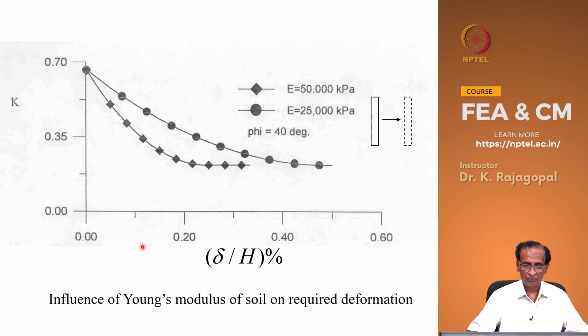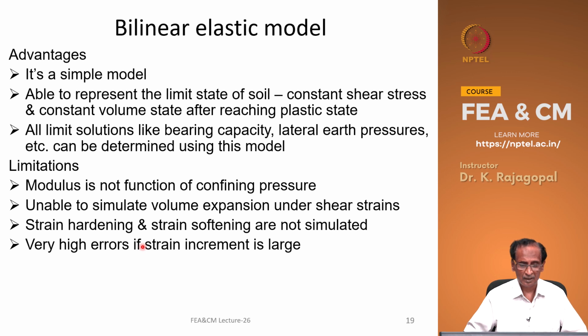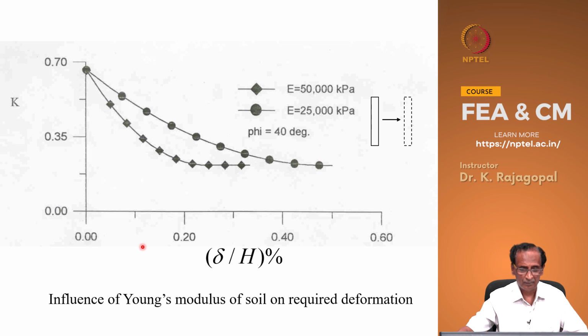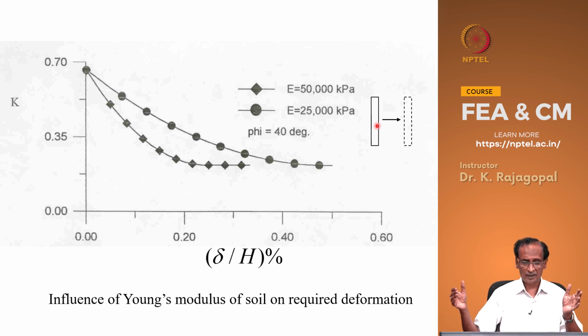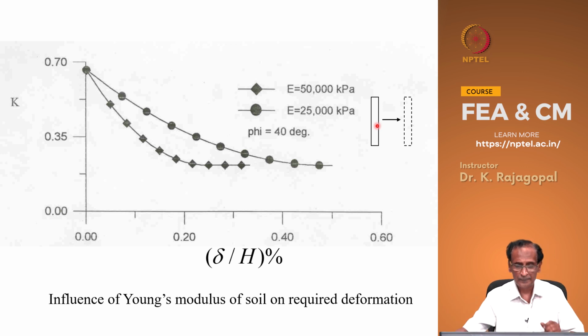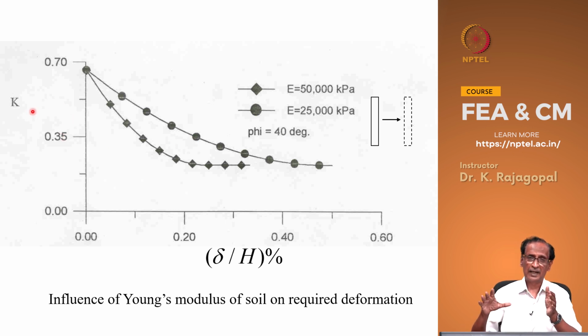Okay. So, let me just illustrate some applications for the bilinear elastic model, and here is an application for predicting the lateral pressure coefficient under active deformations. So, we have a retaining wall subjected to lateral translation, and we know that our lateral pressures will go on reducing, and on the y axis we have the K, that is the net lateral force divided by 1/2 gamma h square.